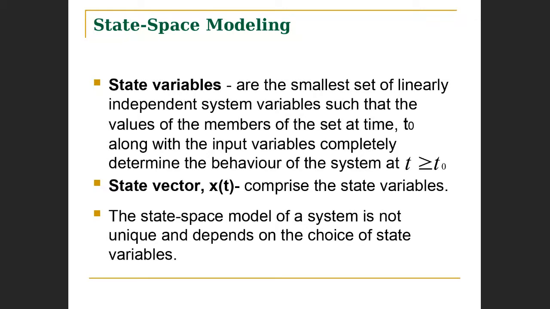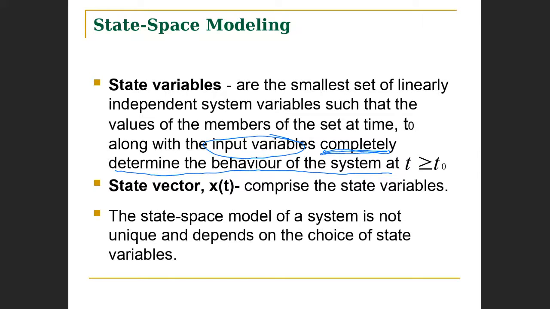But there exists a minimum number, the smallest set, that if we know these values of these state variables, along with the input, we can completely describe the behavior of the system from t naught, that initial time at which we know the state variables, onwards. Those are our state variables.